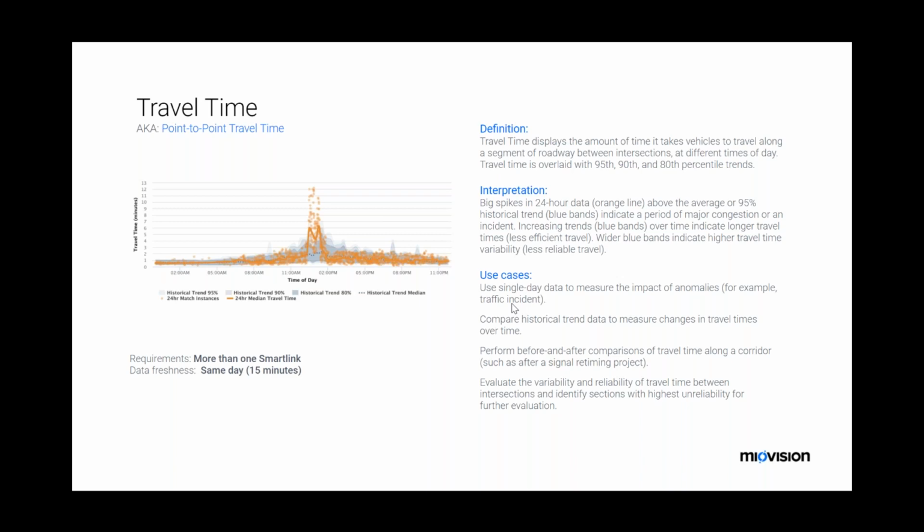So utilizing a point-to-point travel time between two particular points can allow you to, one, understand the 24-hour median and all the individual instances, but it also helps you assess variability. And that's the last point here: variability of travel time is an important element. How consistent is it? Is that a normal day? What is the typical 80% variation, 90%, 95th percentile?